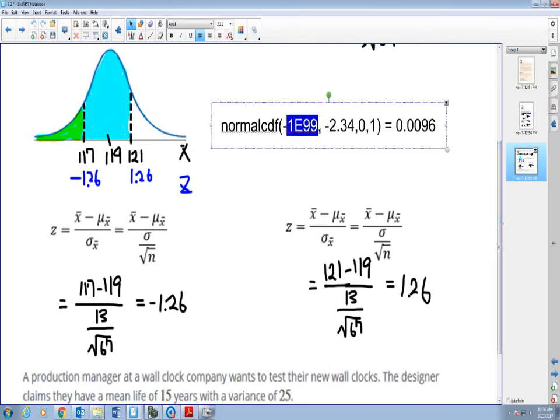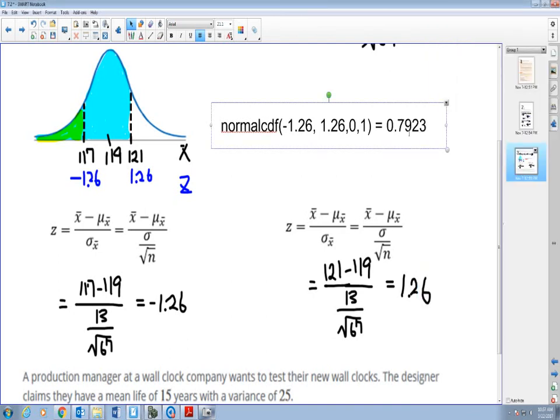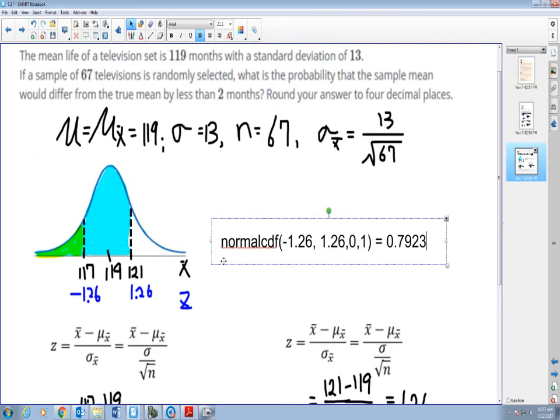My lower bound has to be -1.26, upper bound positive 1.26, comma 0, comma 1. My area in between is 0.7923. So what is the probability that it will be different from 119 by 2 months? 79% chance it will be different. Okay.